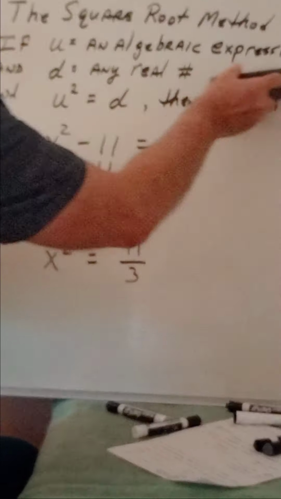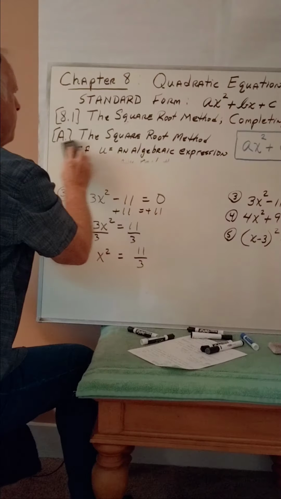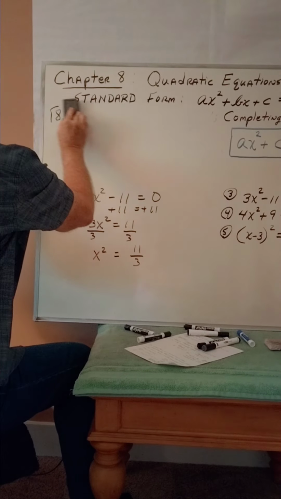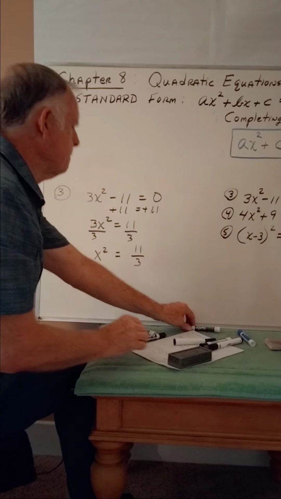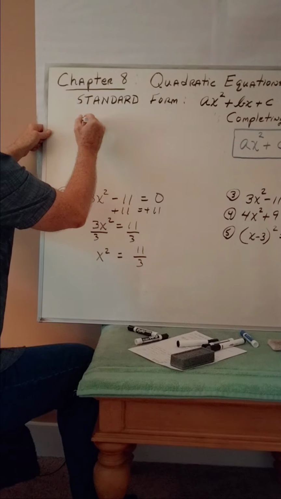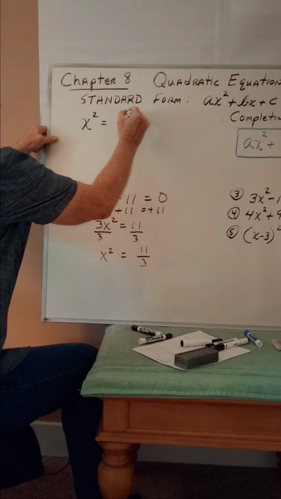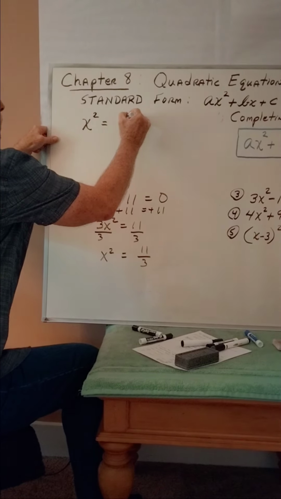Now people, I'm just going to kind of erase some information up here so I can kind of stay up here near the top. Let me just place where we stop right up here. X squared is equal to 11 thirds.